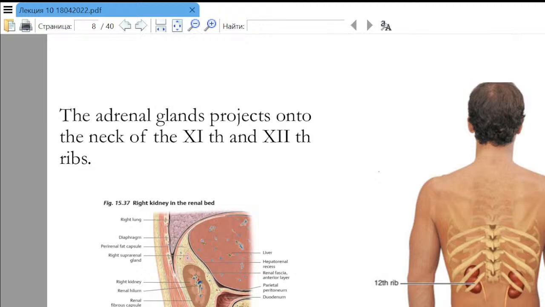The adrenal glands project onto the neck of the 11th and 12th ribs. What do you see? You see the right suprarenal gland.